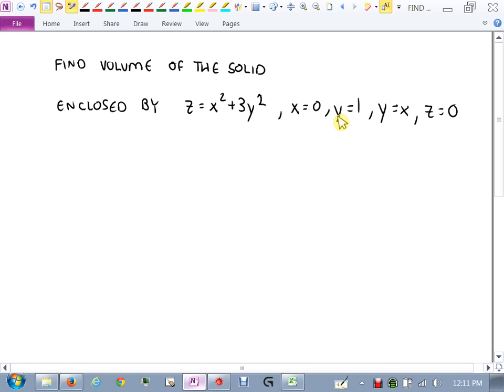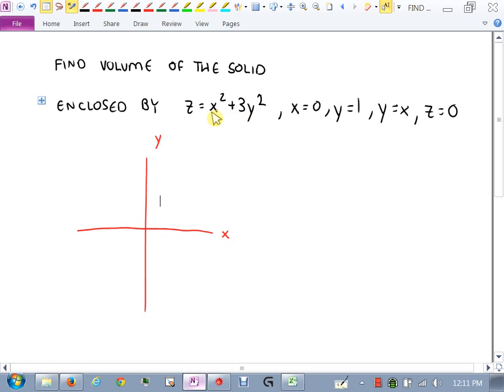So let's try first drawing this out in 2D. I'm going to try and draw it on the ground. Where is this in 2D?